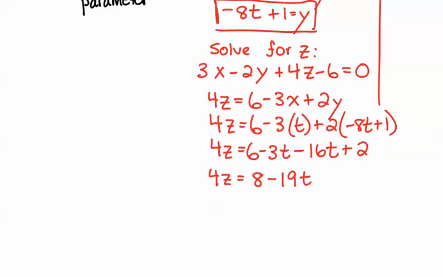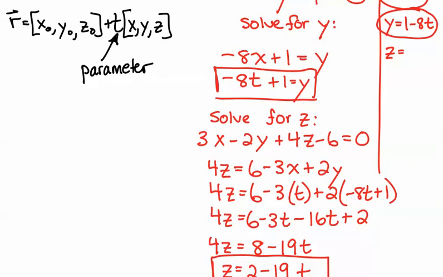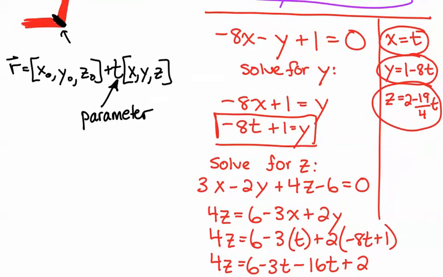Oh, nice. Okay, so then I need to isolate z. So z is equal to 8 divided by 4, which is 2, minus 19 over 4 t, which I can't simplify. So there you go. I just subbed stuff into each other, and I found the parametric equations for my line, x, y, z.